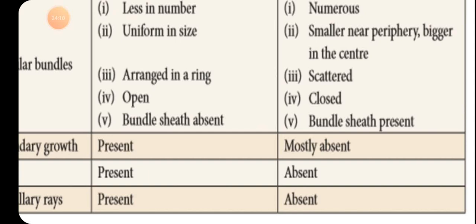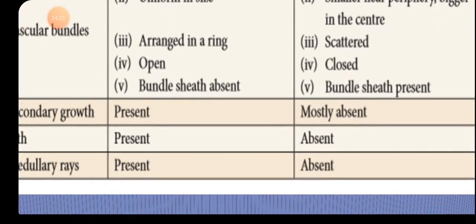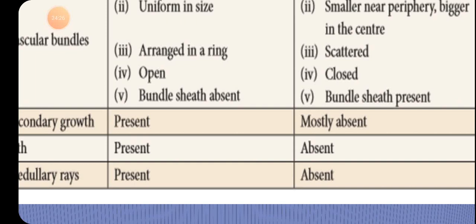Going towards the center, the vascular bundles are slightly bigger in size. Okay, next, all the vascular bundles in the dicot are arranged in a ring, but in the monocot stem, they are scattered here and there.